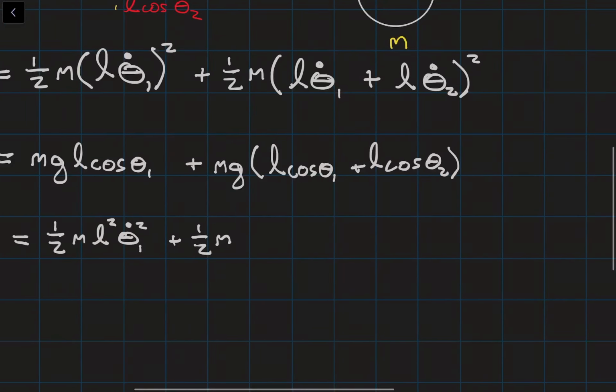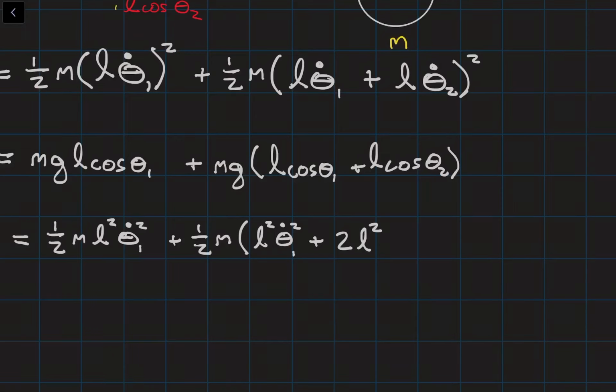And then I'm going to go ahead and multiply this out, just because it'll make it easier for taking our derivatives. We'll get L squared theta 1 dot squared plus 2 L squared theta 1 dot theta 2 dot plus L squared theta 2 dot squared.